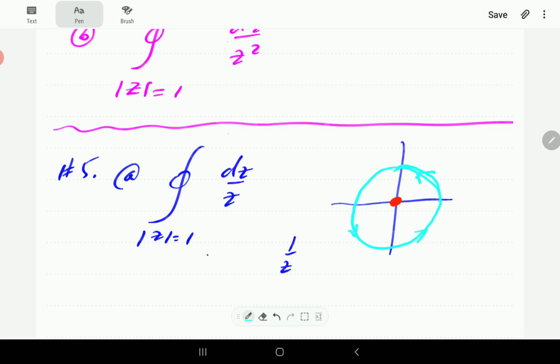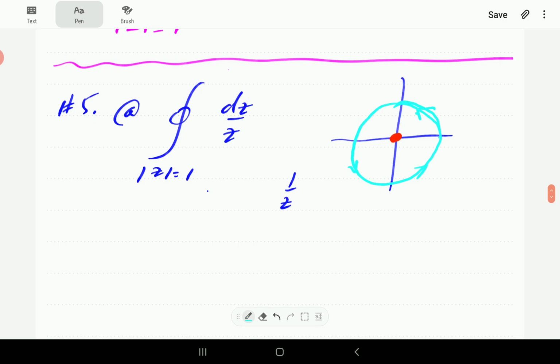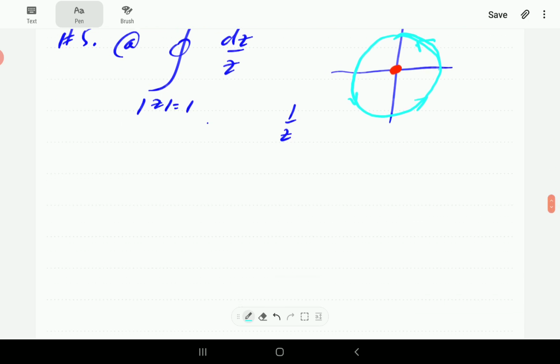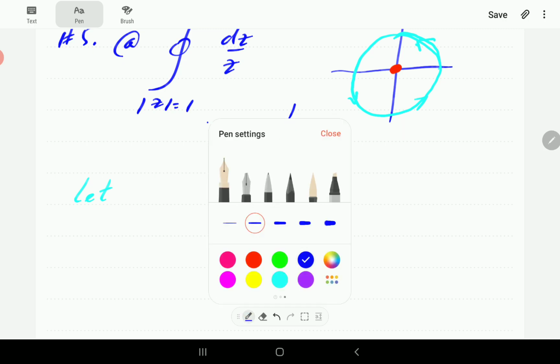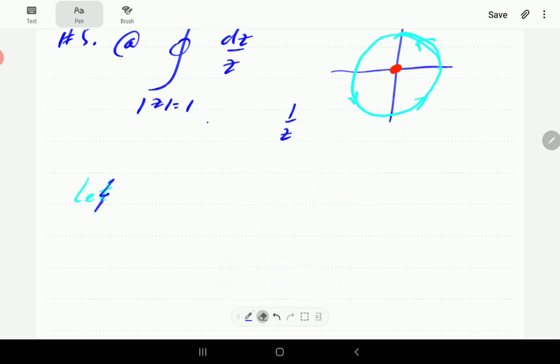But in this case, there is a singularity inside, so Cauchy's integral theorem does not apply, and whenever it does not apply, we have to integrate manually, as it were. So we are going to write the equation of the contour in parametric form. Just going to do a generalization of the situation here, and then we're going to come back to this.